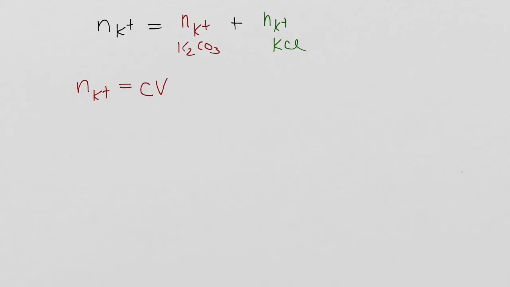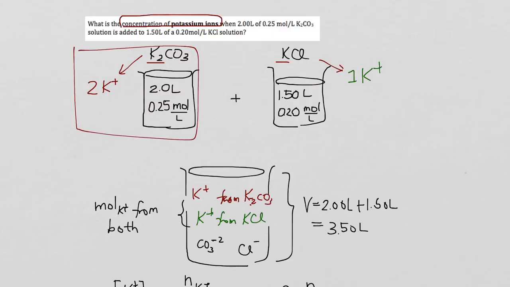Okay? And then separately, we can also calculate the same thing, the moles of potassium ions coming from our second beaker. So it's moles of potassium ions from this solution. So what we're doing is we're calculating moles separately, and then we're adding them together in the next step.